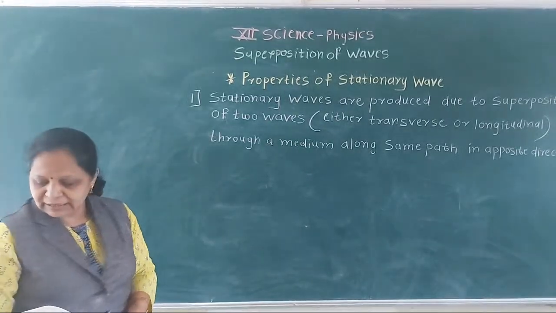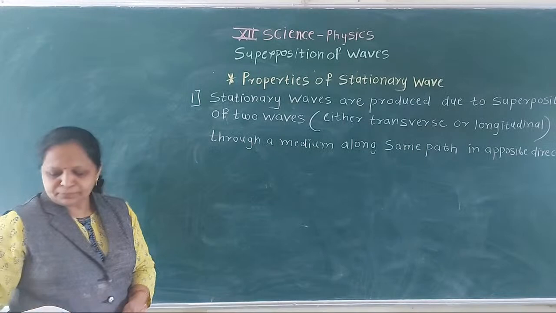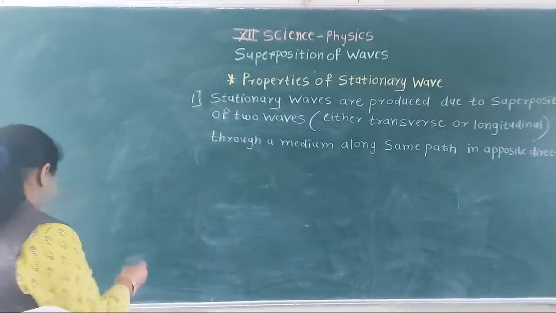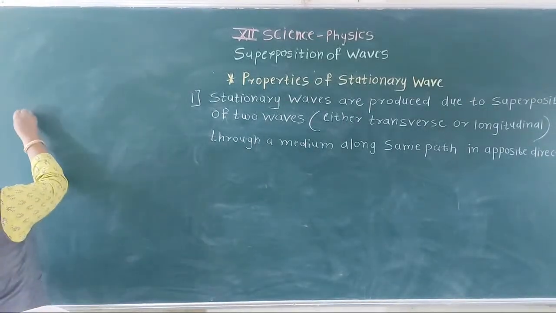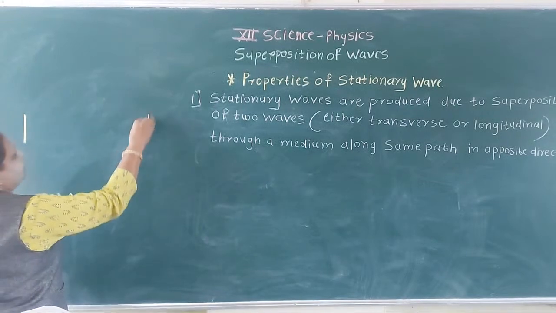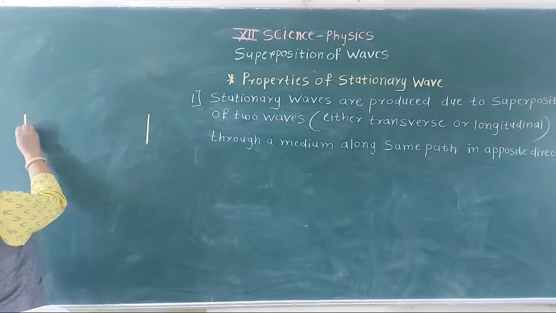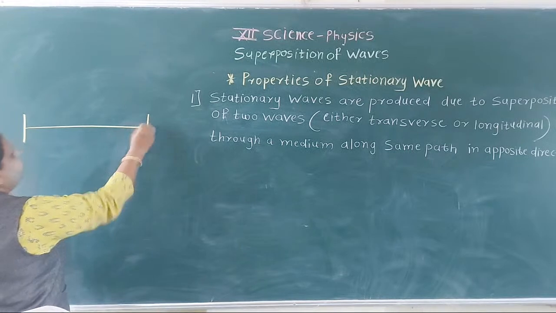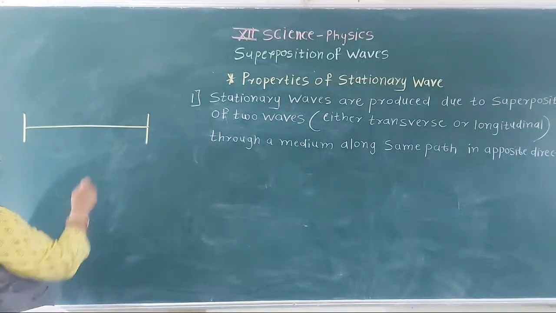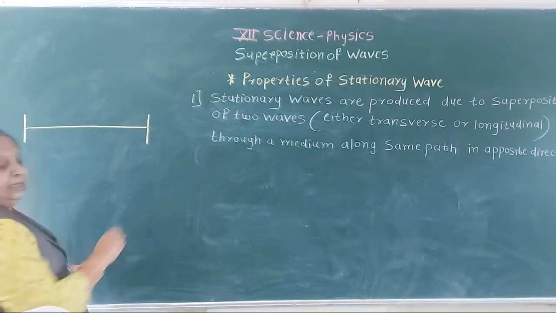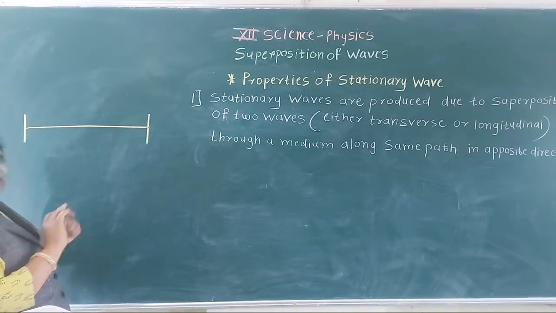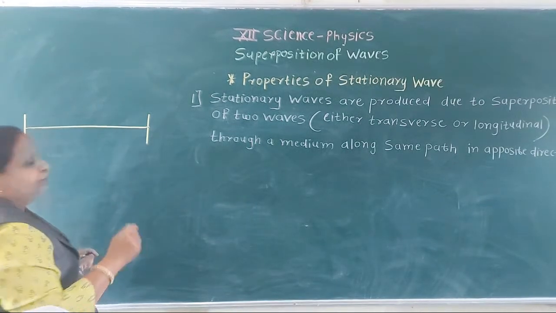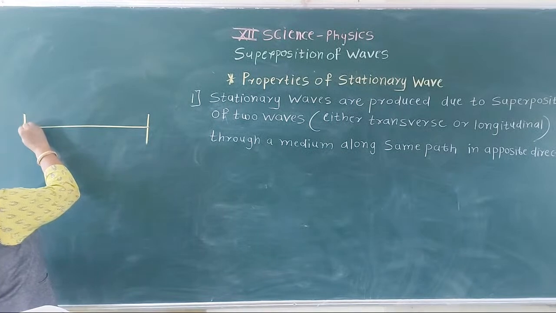In the last session we have seen the example of string. A string is fixed between two points. When we pull the string at a middle point and then release, then what happens? The wave is produced like this.